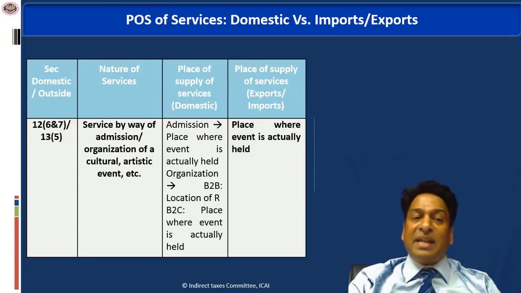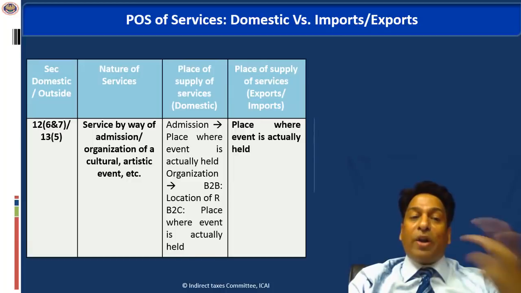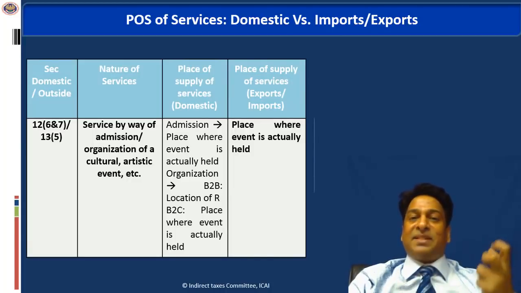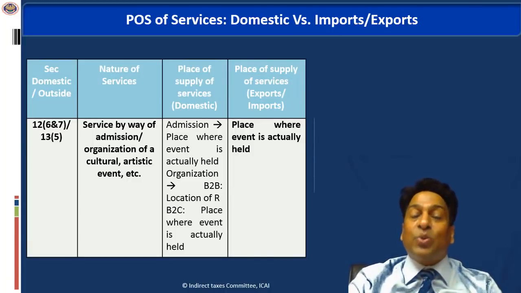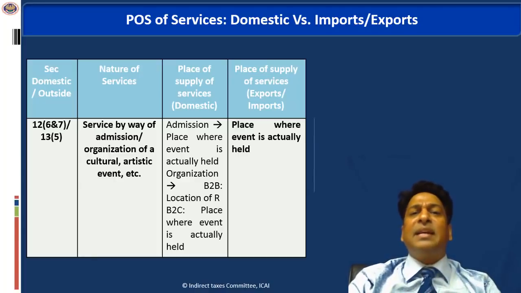Going to section 13 subsection 5, which is services by way of admission or organization, event-based services, the place where the event is actually held. Erstwhile Rule 6, the same provision is being picked up for import and export of services under section 13 subsection 5.